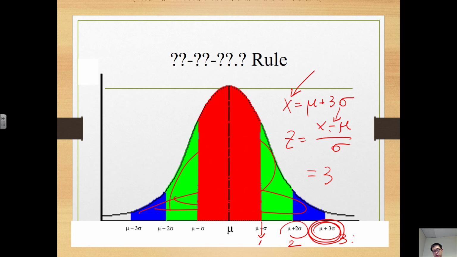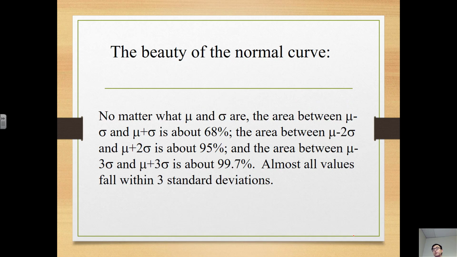So this is called the empirical rule. The beauty of the normal distribution is that no matter what mu and sigma are, the area between mu minus sigma and mu plus sigma is about 68%. The area between mu minus 2 sigma and mu plus 2 sigma is about 95%.